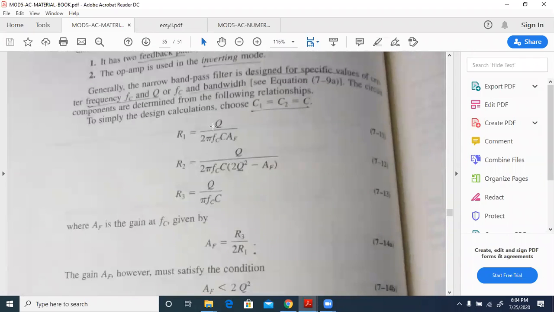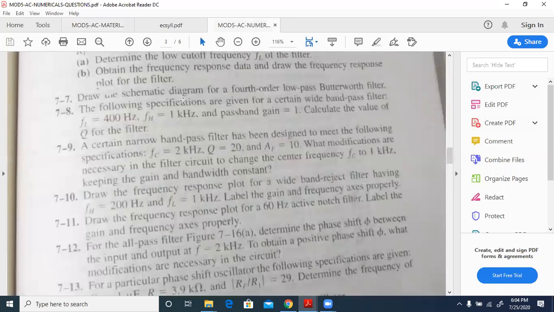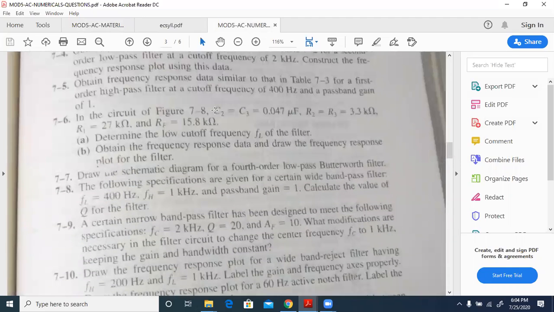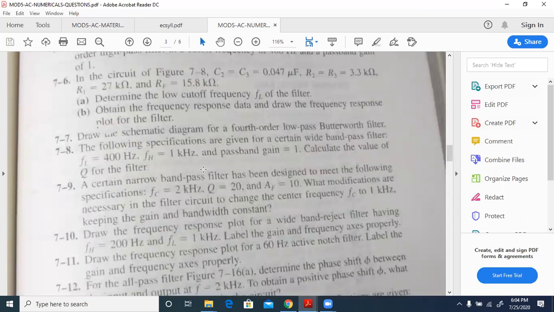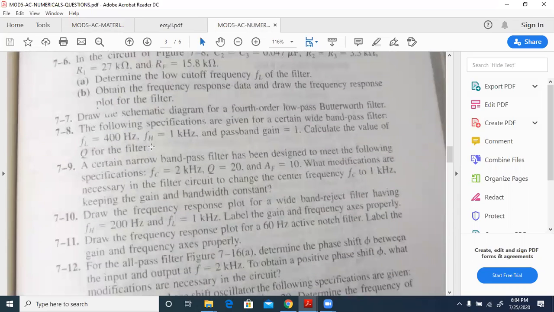7.11 is R1 equal to Q by 2 pi FC C AF. R2 is Q by 2 pi FC C multiplied by 2Q square minus AF. So all those values are given to us. Q is given, FC is given, AF is given, right?